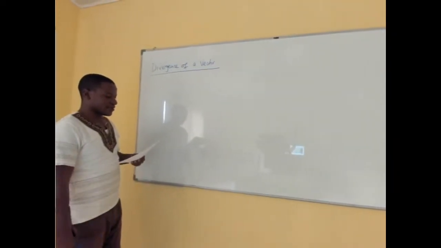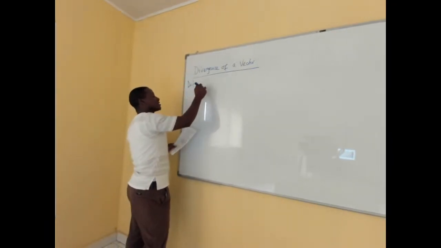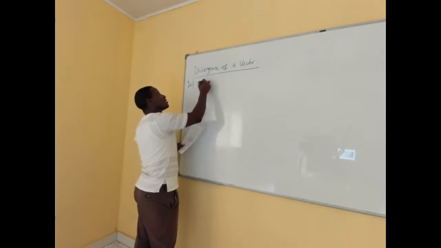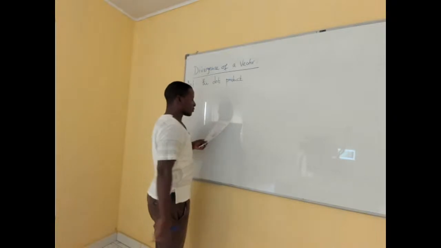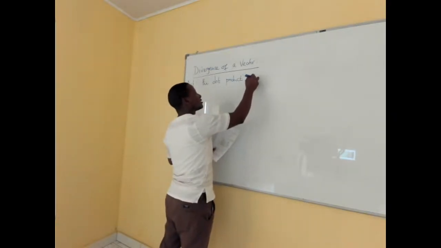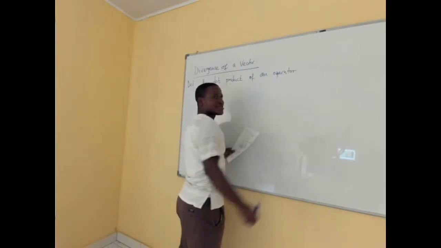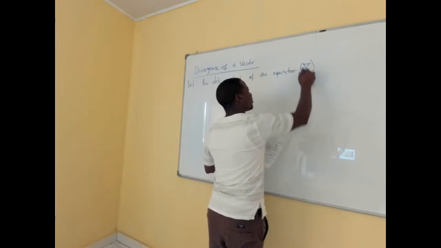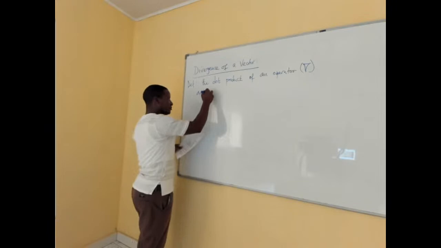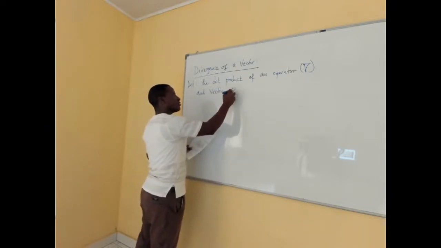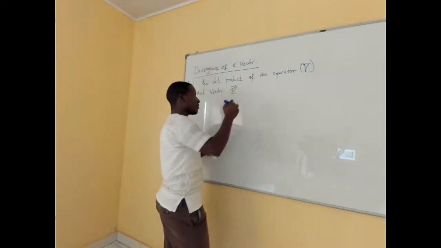So what we are saying is that this actually is defined as the dot product. This dot product of an operator. So in this case, our operator is what we are calling the del, and a vector which is B, then we define this.